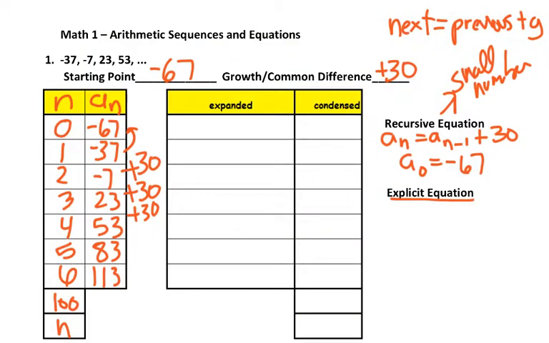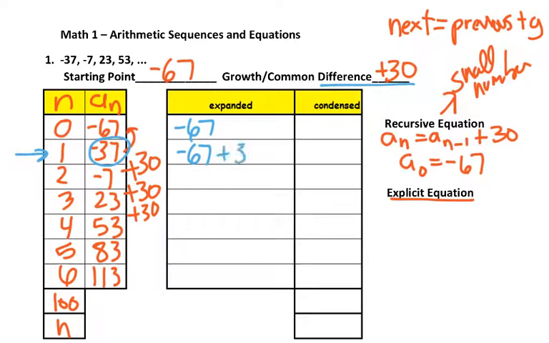So if we look at this, here's the way to think about it. This expanded and condensed, here's what I'm saying. We start with negative 67, right? Do we add our common difference at all to it? No, we don't. But let's take a look at this first term. We still started with negative 67, but how do we get to negative 37?